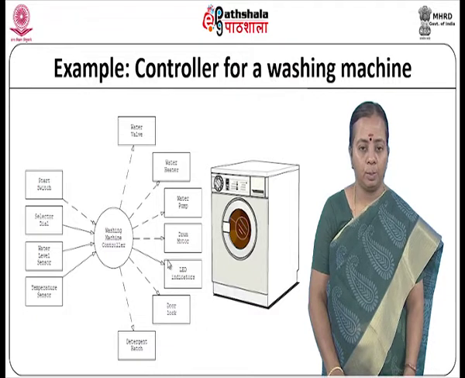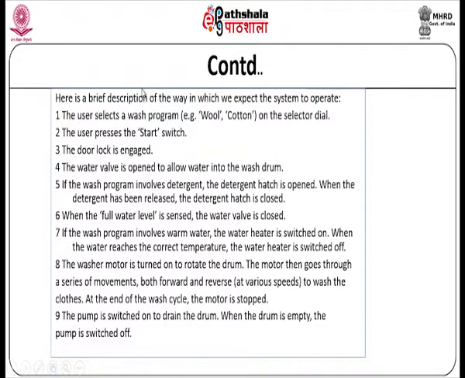First we have to discuss in what way the washing machine works, what controls we are concentrating on, and how the timeout is implemented. The user first selects the wash program, whether wool or cotton, on the selector dial.